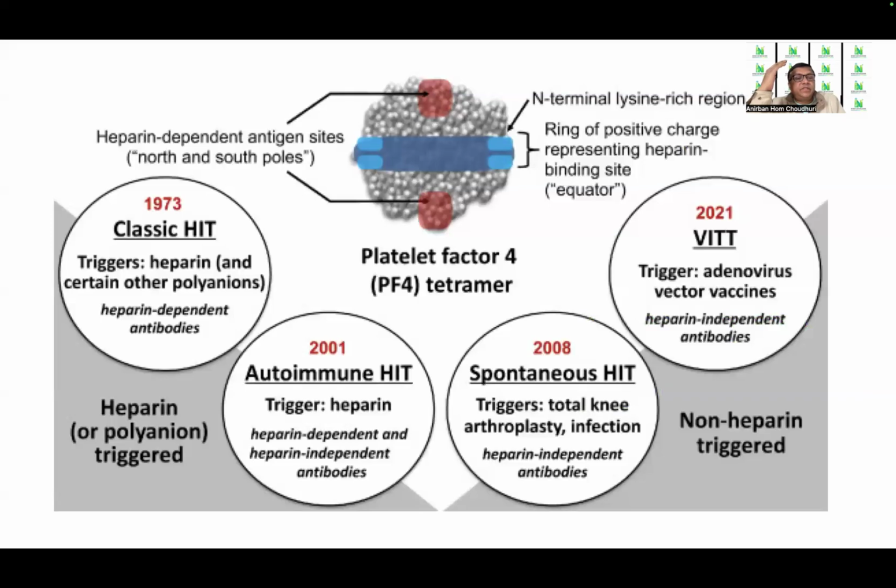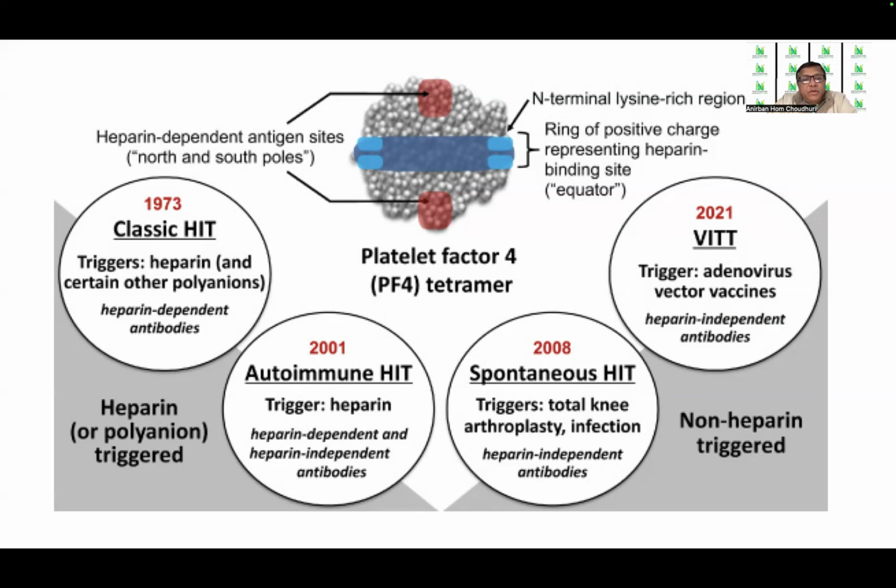So there is heparin or polyanion trigger. These are the heparin dependent antigen sites, North Pole and South Pole. The North Pole is the N-terminal lysine rich region, and in between there is a ring of positive charge representing the heparin binding site, which is called the equator, and at the South Pole there are heparin independent antigen sites also.